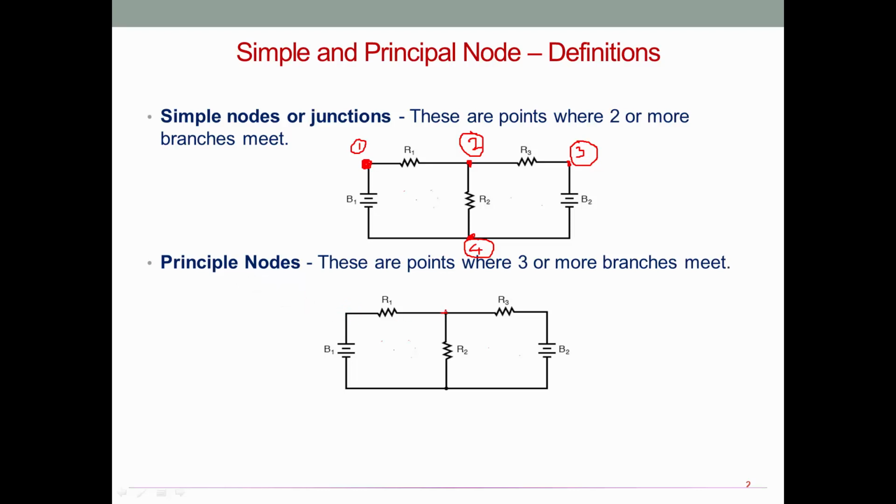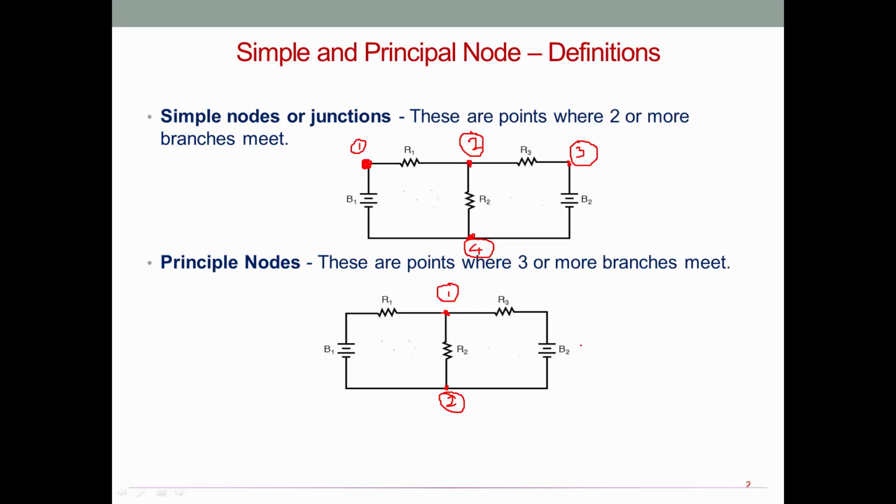I can say this is one of the principal node where three branches are meeting together. Once again, I can't say this is a principal node point since only two branches are meeting together. But I can say this is one of the principal node point. So on the same circuit I have only two principal nodes.